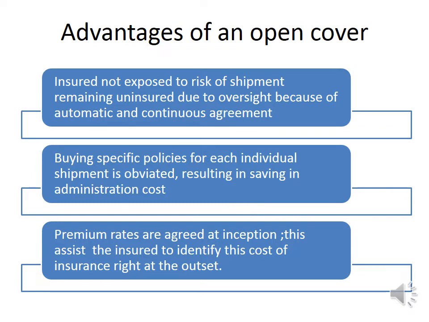So the insured is not exposed to the risk of a shipment remaining uninsured due to oversight, because of the automatic and continuous agreement. Buying specific policies for each individual shipment is avoided, resulting in savings in administration cost. Premium rates are agreed at inception. This assists the insured to identify his cost of insurance right at the outset. So these are advantages over the specific voyage policy.